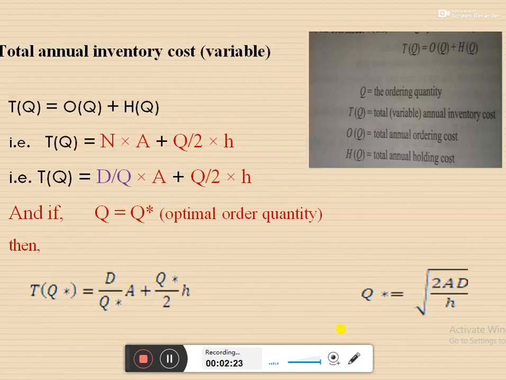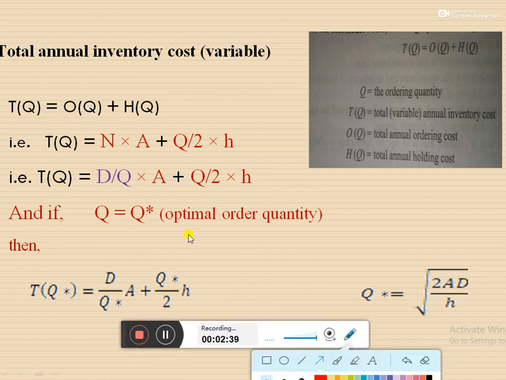In the case of the classical economic order quantity model, in which all the assumptions are fulfilled, the decision makers focus on minimizing the annual variable inventory cost. That is, the total annual inventory cost is equal to ordering cost plus holding cost.